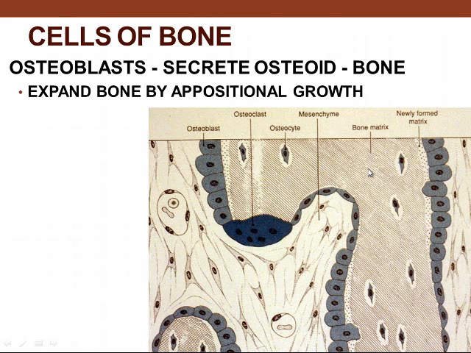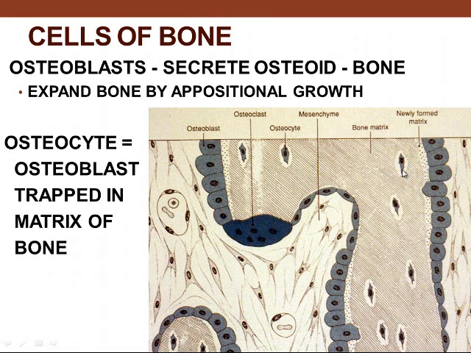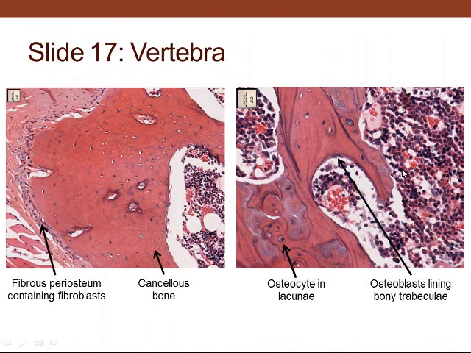So you have mesenchymal cells, bone matrix, and uniform bone matrix that we see there. So the osteocyte is the osteoblast trapped in its lacunae, and you can see those. The osteoid is a little kind of reddish, as opposed to bluish in the case of cartilage. So this is bone. In through there, you see the megakaryocytes.